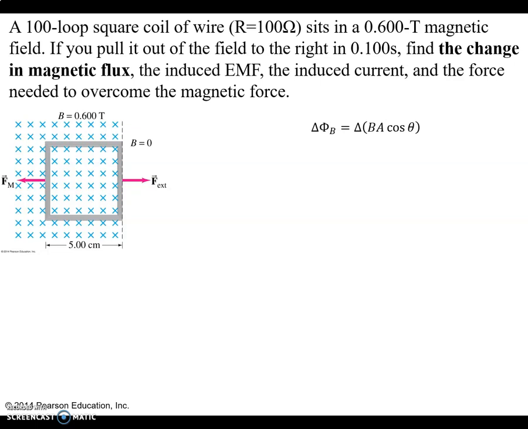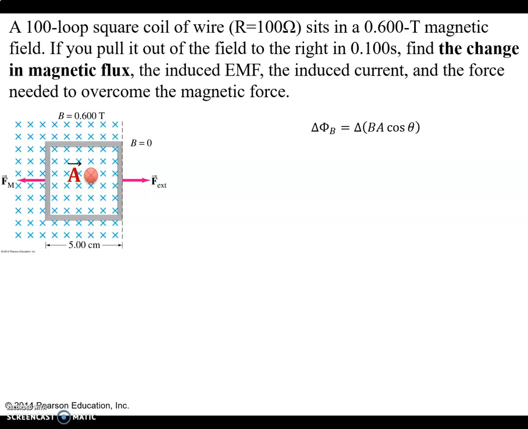So the vector A will be perpendicular, either coming out of or into the screen. We're going to say it's into. So your area A is parallel to your magnetic field, which means that your angle theta is going to be 0 degrees, because they are in the same direction.